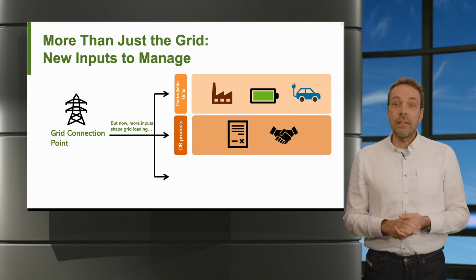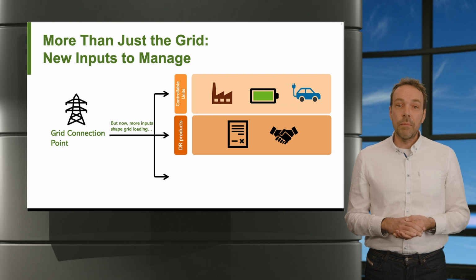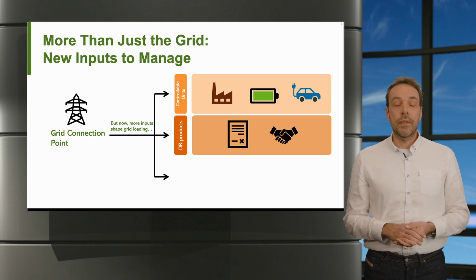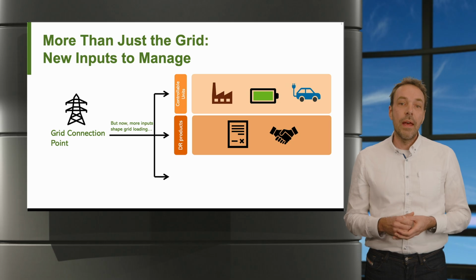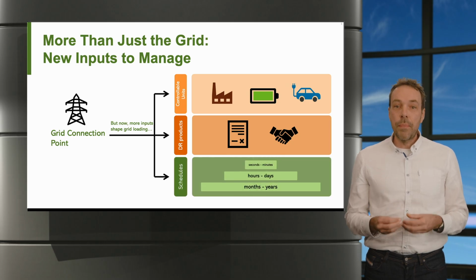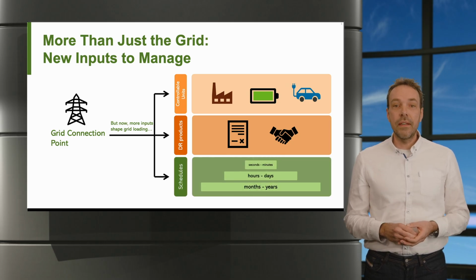On the business side, Europe is enabling more demand response products. Some suppress power during congestions and others reward consumption or generation at certain moments. And what is common in both technical and business sides is the time horizon.